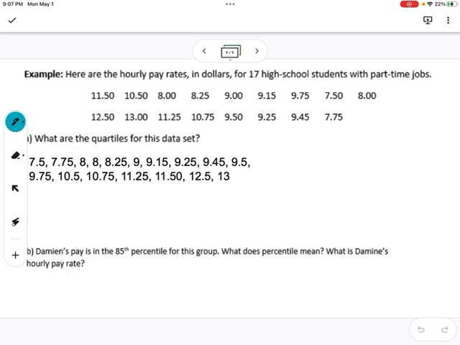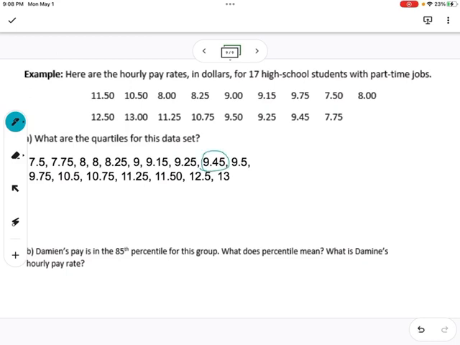Okay, so we know that there are 17 numbers. So because there are 17 numbers, then our halfway point is going to be after 8 numbers. 1, 2, 3, 4, 5, 6, 7, 8.